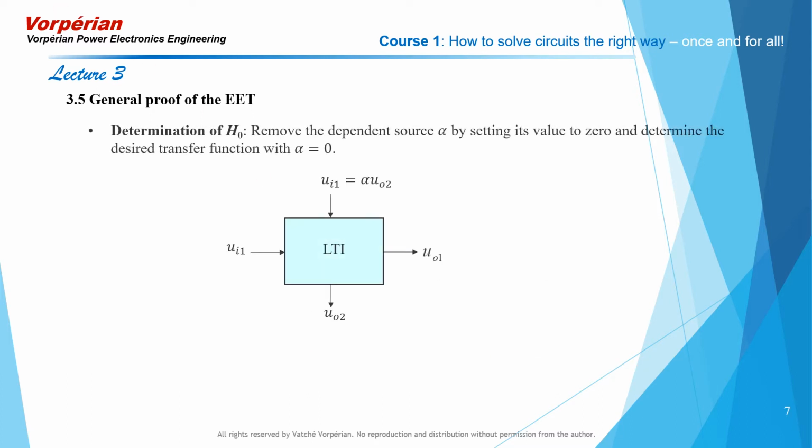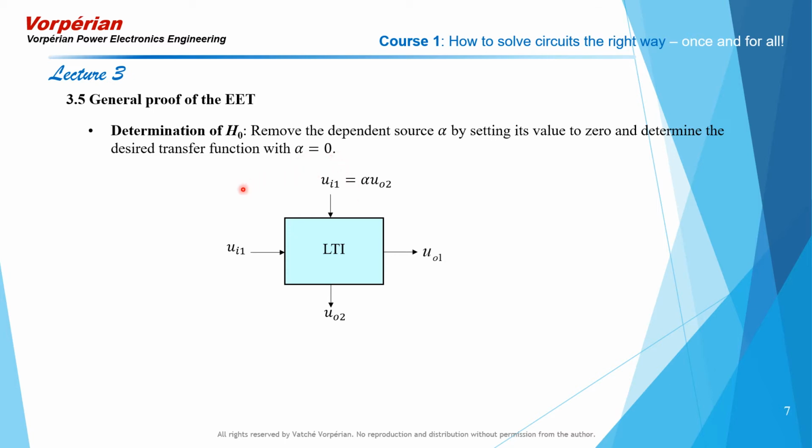Let us now show the determination of h0 operationally using the block diagram that we have for a general linear time invariant circuit. We said h0 is determined when the value of the extra element is set equal to 0, or the gain of the extra element is set equal to 0. That's alpha equals 0.